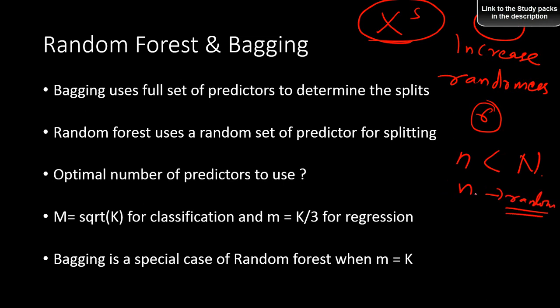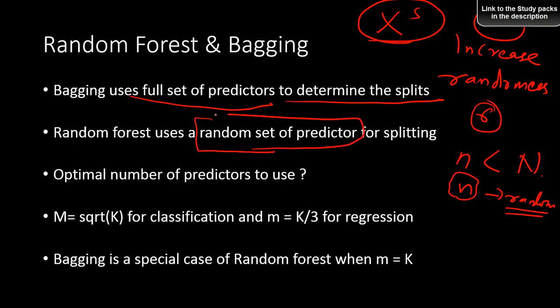So n could be any number of variables, and the actual variables could change, so they are randomly selected. Bagging uses a full set of predictors to determine the splits. Random forest uses a random set of predictors, and that's why it's called random forest. That is the difference between bagging and random forest.